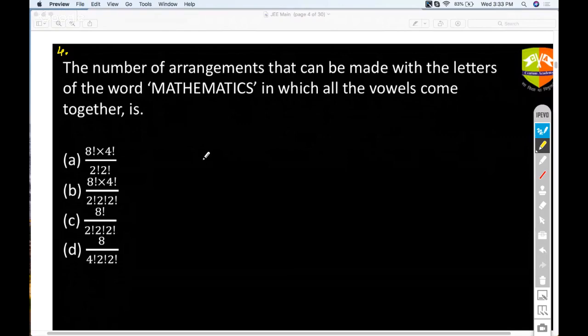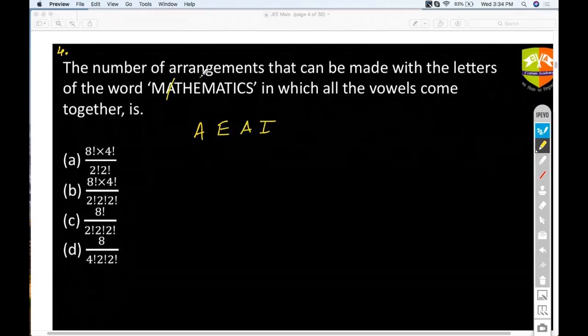The number of arrangements that can be made with the letters of the word mathematics in which all the vowels come together. Okay. Remember the vowels are A, E, A, I in this.